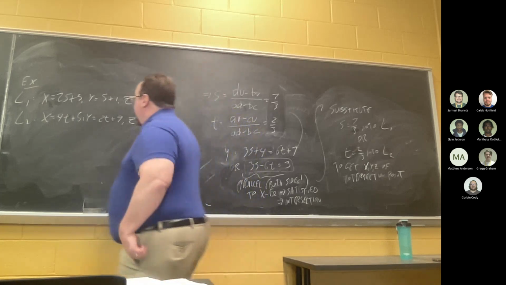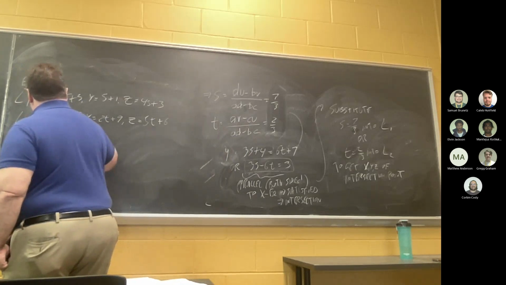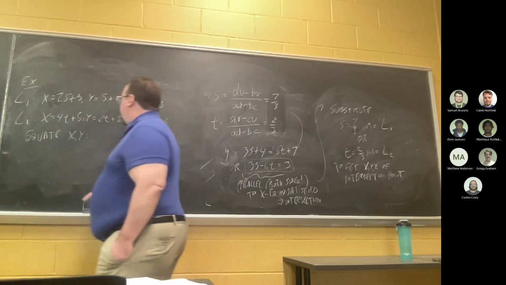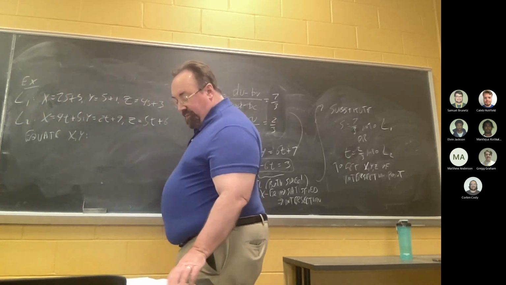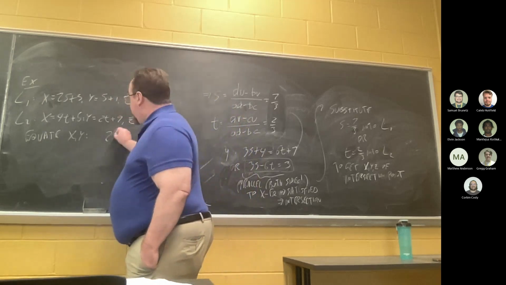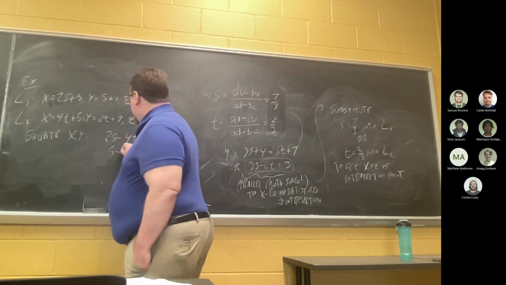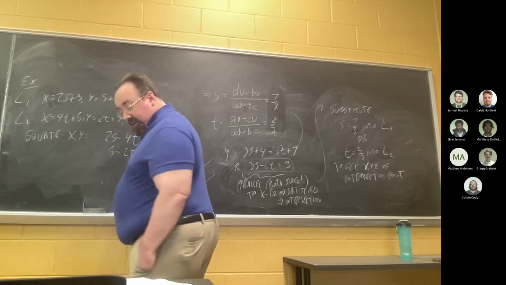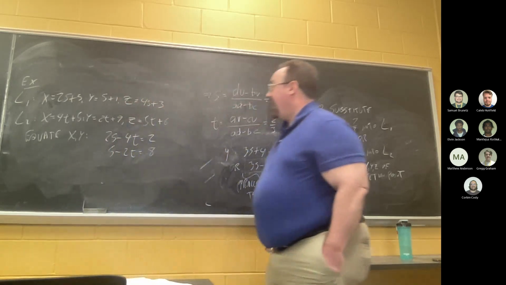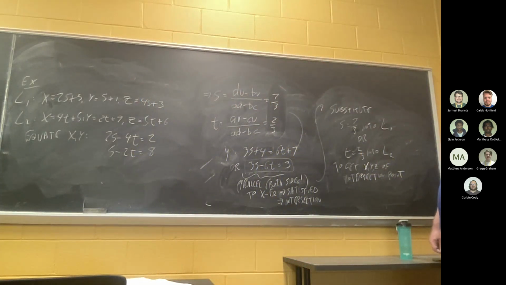But if you take the x parametric equations, the y parametric equations, and you set them equal to each other, then the system that pops out is 2s minus 4t is equal to 2, s minus 2t is equal to 8. Can anyone tell me how you can make a conclusion about what happens with the lines just by looking at those two equations, not performing any algebra whatsoever?